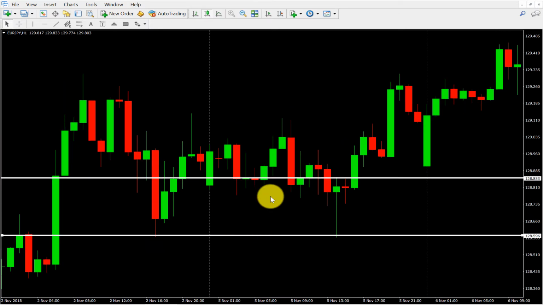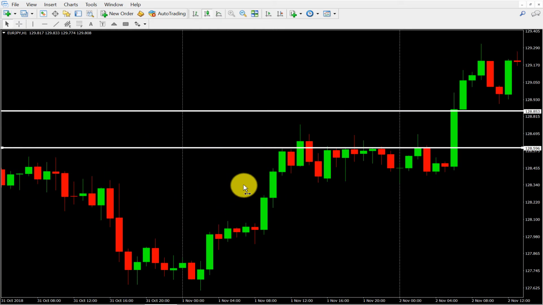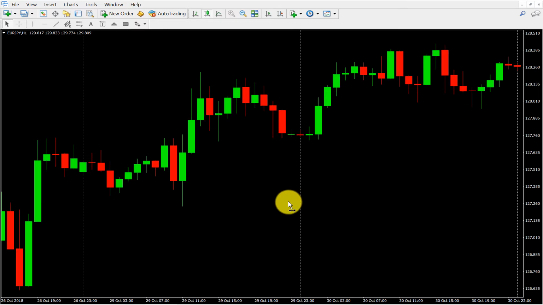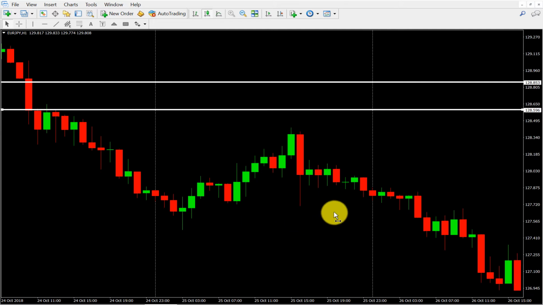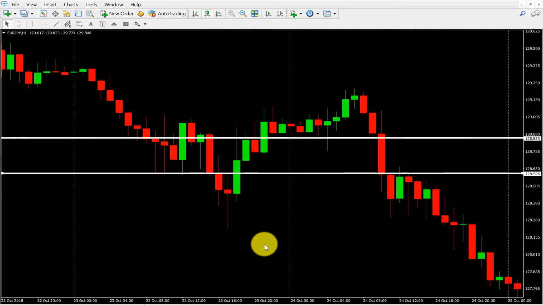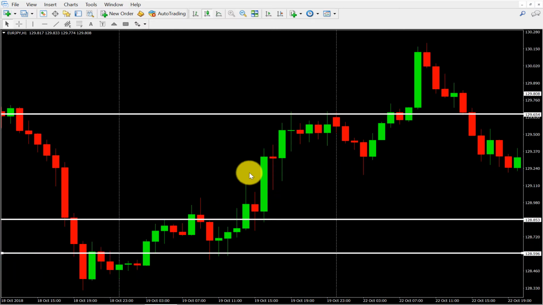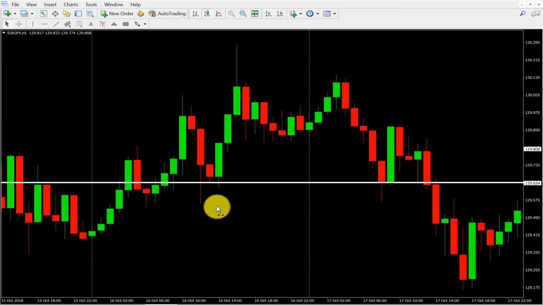We will find another example of how we can trade with this simple method. We need a big wick with a small body, and we can trade this candle also.